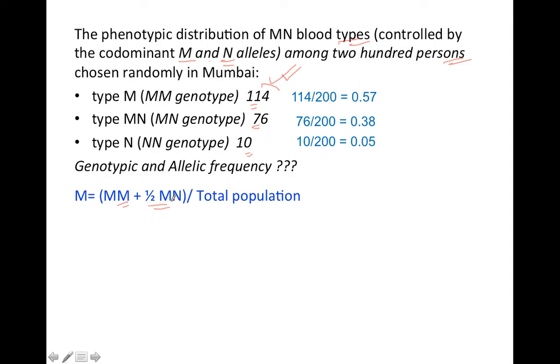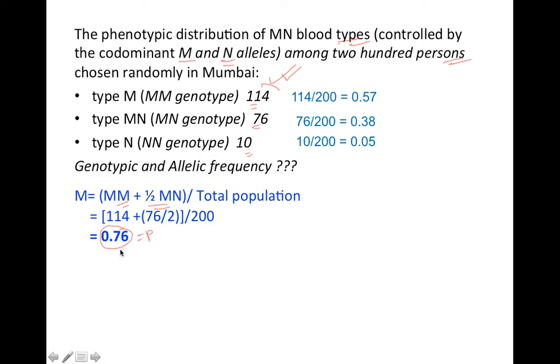Because in this MN, half part is M, half part is N. So half of MN divided by total population, which is 114 plus 76 by 2, divided by 200, that is 0.76. So this is our M frequency, which is p, right?